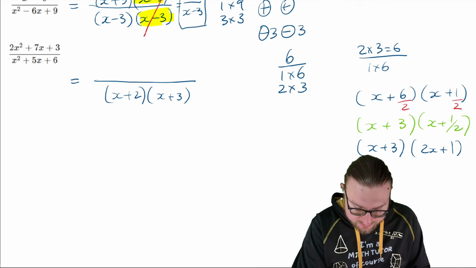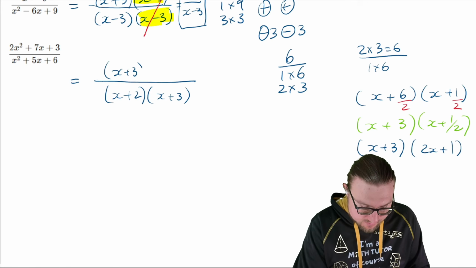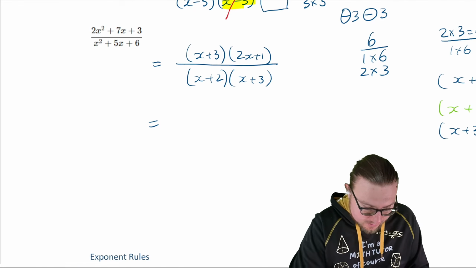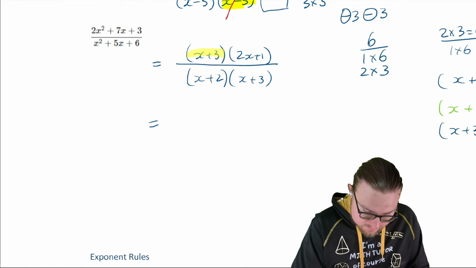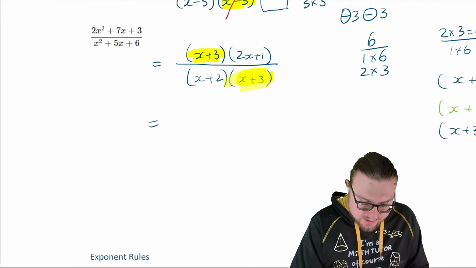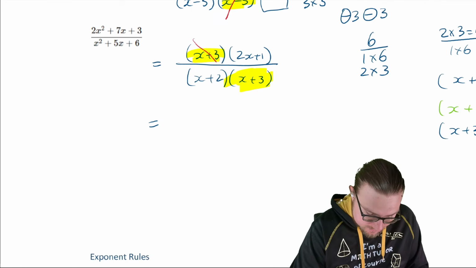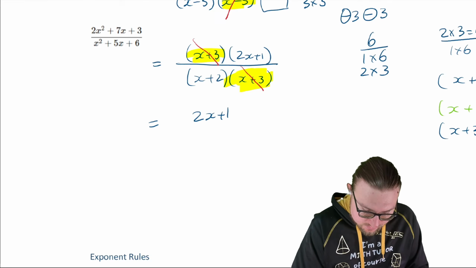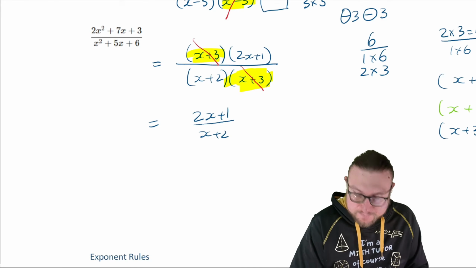Awesome. Now we can write those in here, x plus 3 and 2x plus 1. Again, we see 2 of those match, so we can cancel those out and we're happy. Final answer is going to be 2x plus 1 over x plus 2.